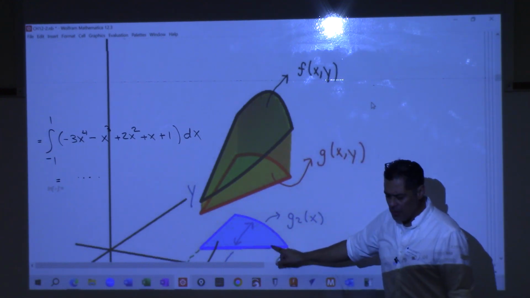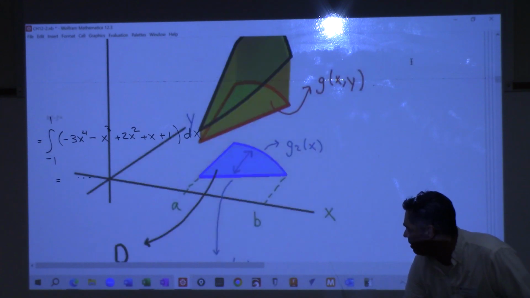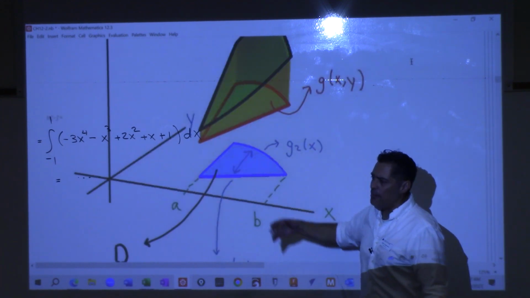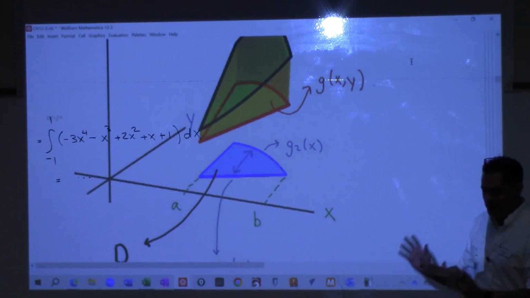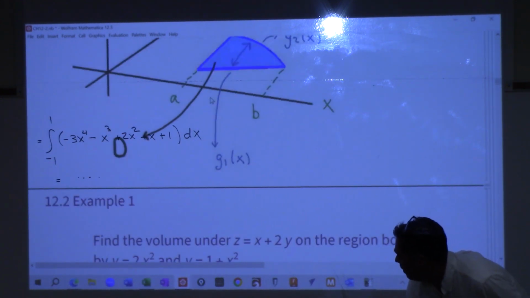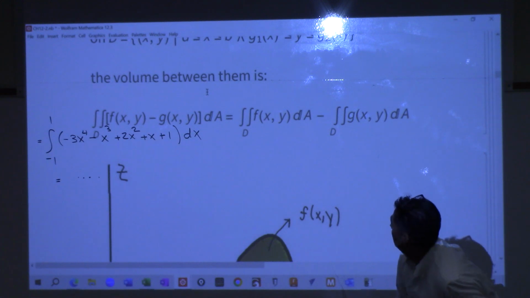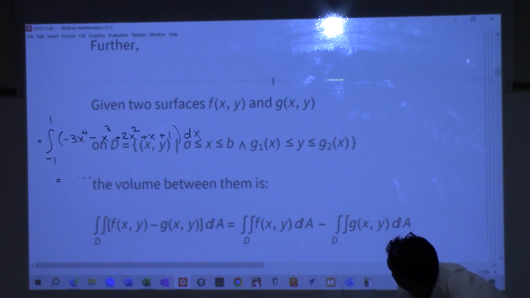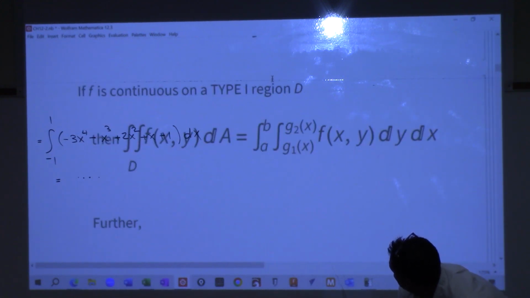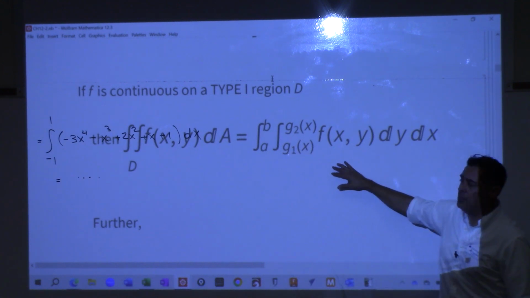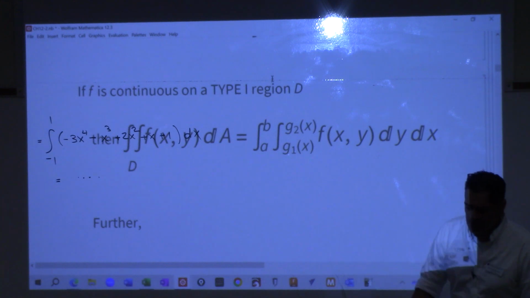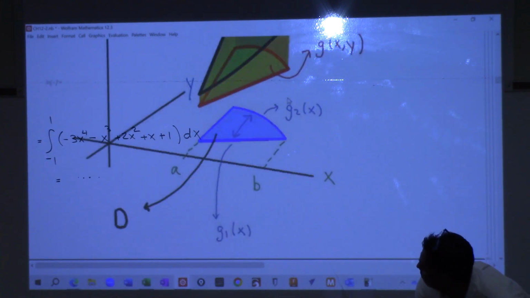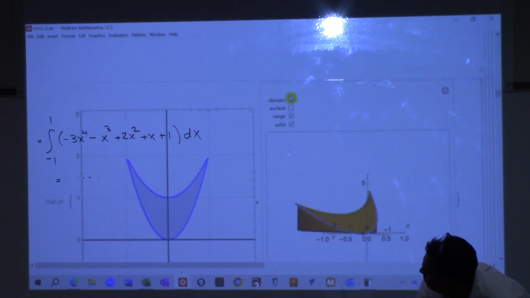But if your region on the ground is type 1, the only thing that changes is you can't change the order of integration. You have to follow that specifically. You have to do your integration with respect to y first, then with respect to x. Okay, we did that one.